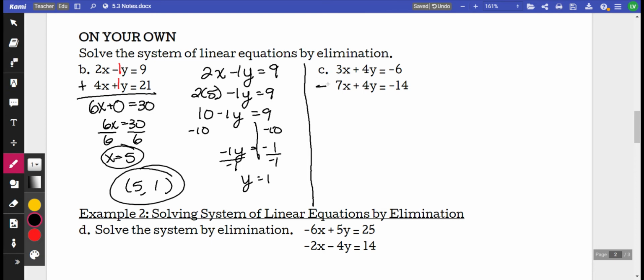So I'm going to multiply the entire second equation by negative 1. That gives me negative 7x minus 4y equals a positive 14. The first equation I'm going to keep exactly the same: 3x plus 4y equals negative 6. Because my y's are now opposite of each other, I'm going to add my two equations.